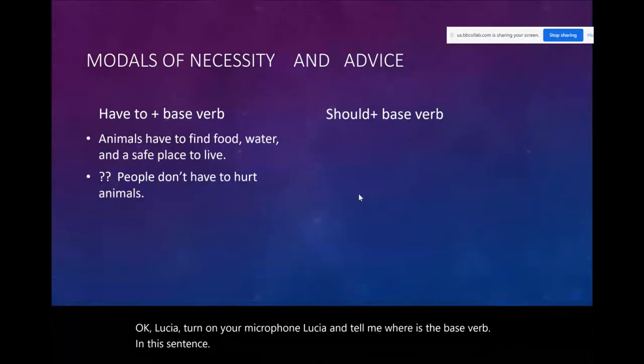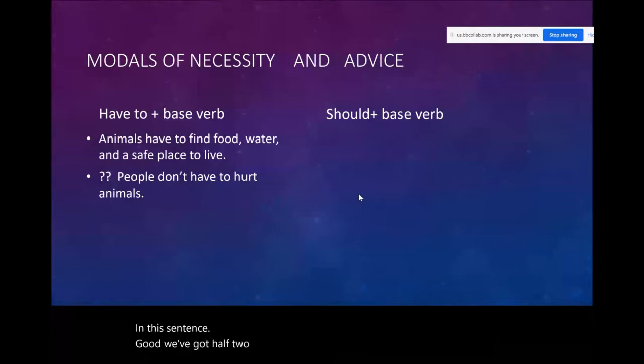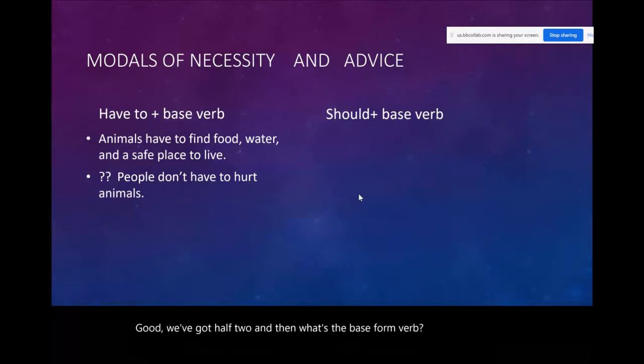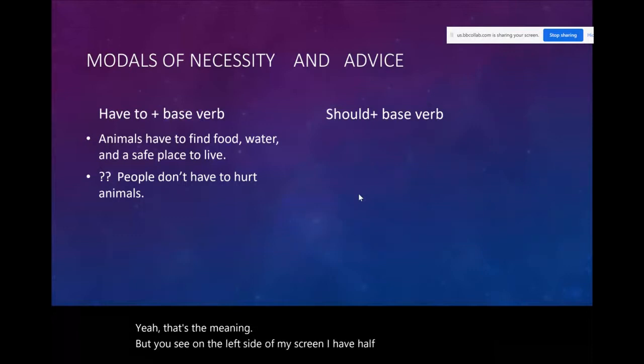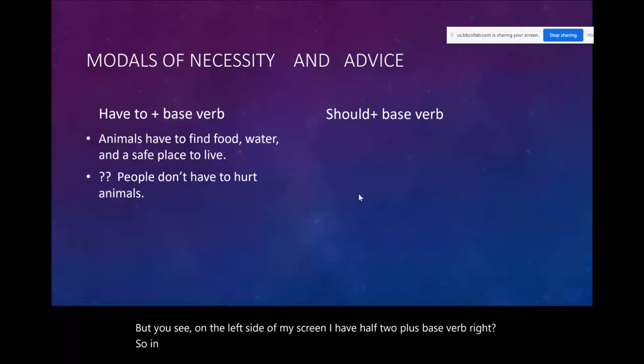Okay, good. We've got have to, and then what's the base form verb? It's a necessity. Yeah, that's the meaning. But you see on the left side of my screen, I have have to plus base verb, right? So in this sentence, where is the base verb?